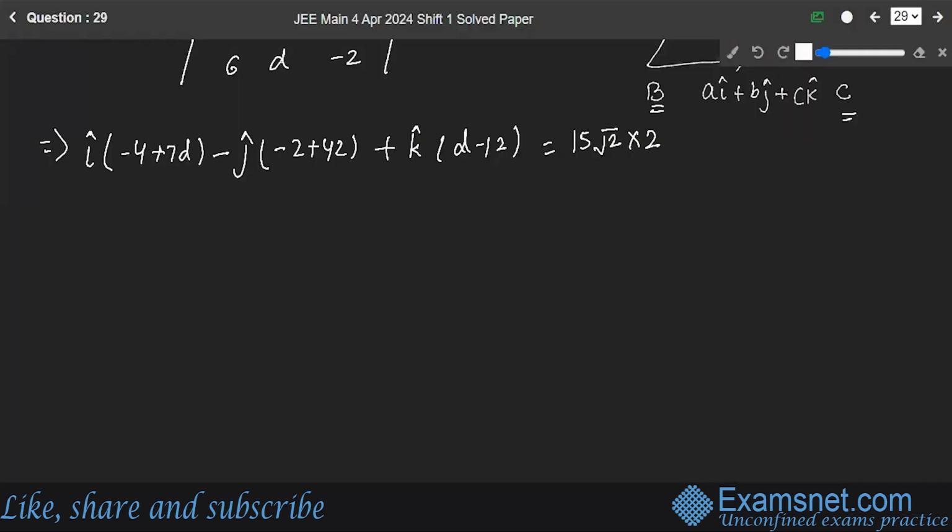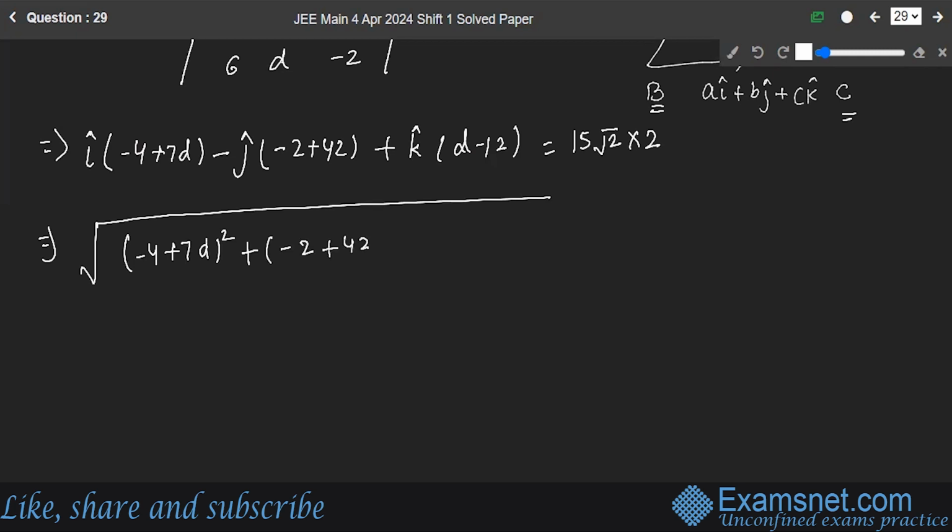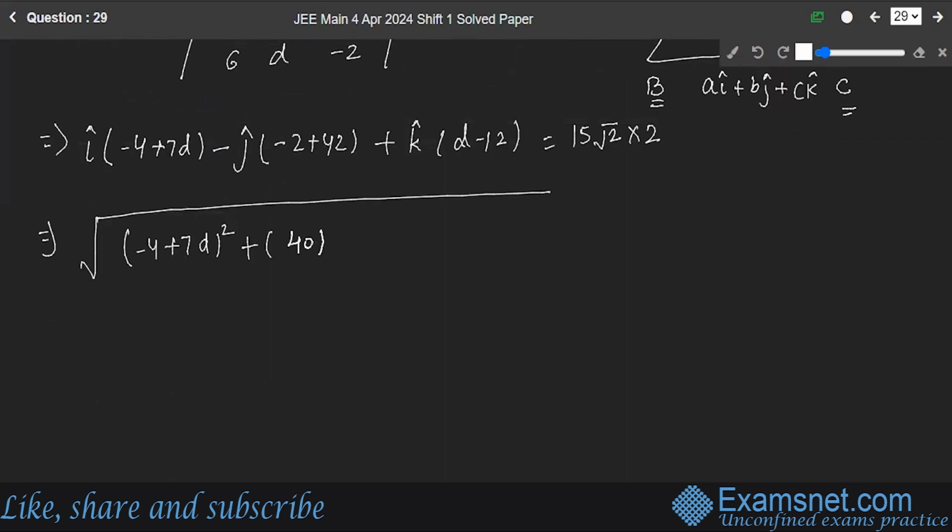So let's find out the magnitude of it. This will be given by root of minus 4 minus 7D square, minus 2, 42. Okay, so I'll write it as minus 40 only. Square plus D minus 12 square. This is equal to 30 root 2.